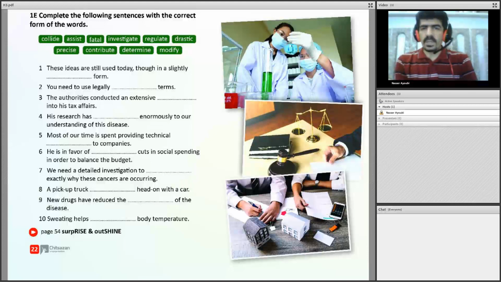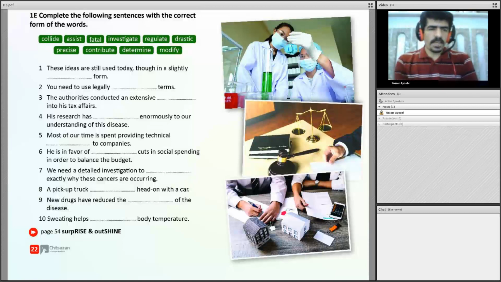Terms here means words. Number 3. The authorities conducted an extensive investigation into his tax affairs. Number 4. His research has contributed enormously to our understanding of this disease. Enormously means a lot.